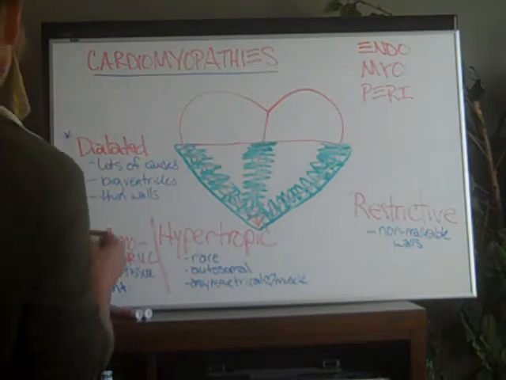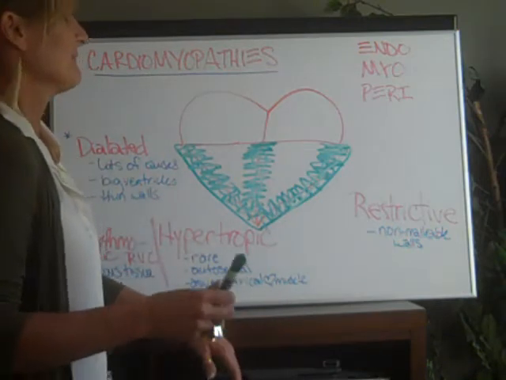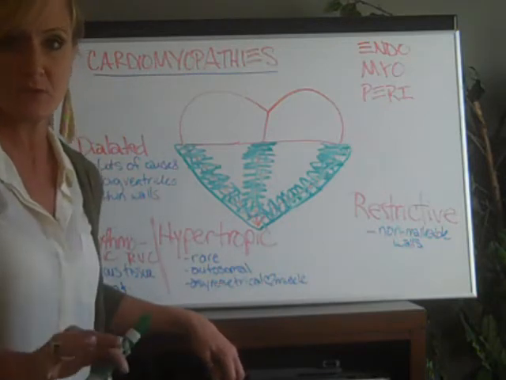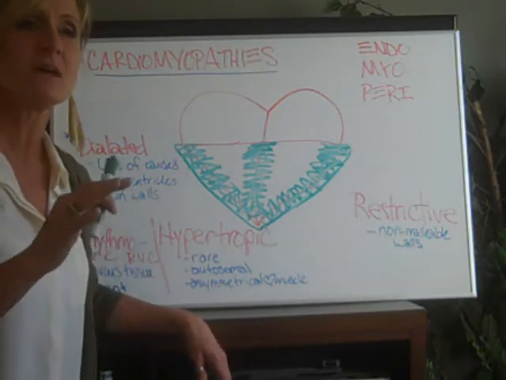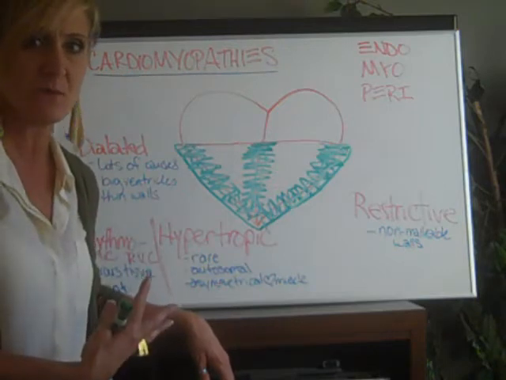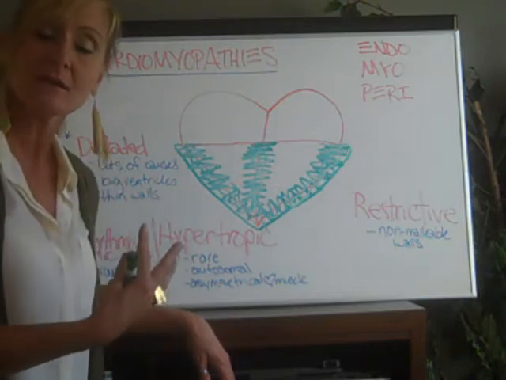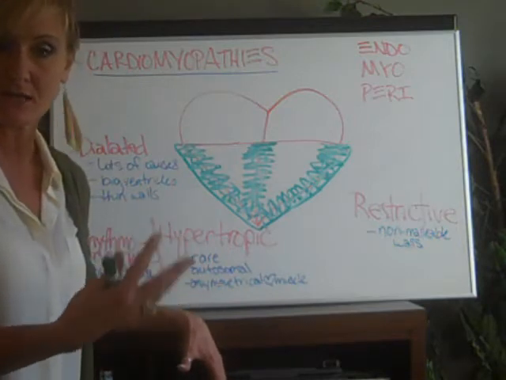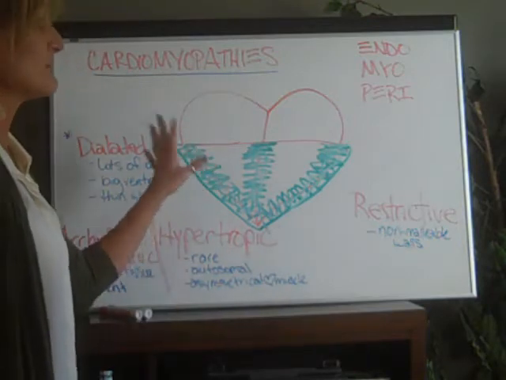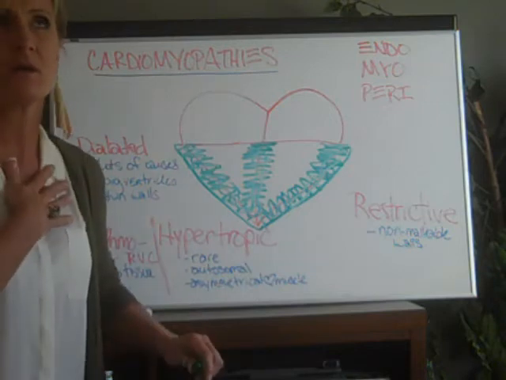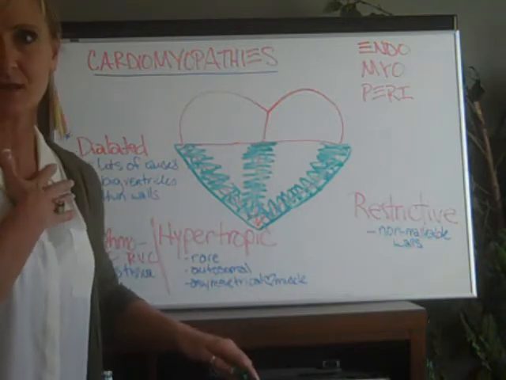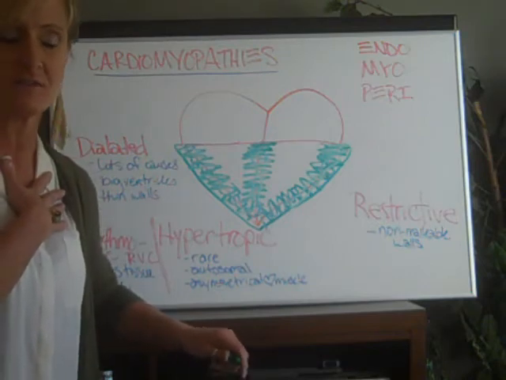The other problem with this is, especially if a patient knows that they have it, it is very anxiety producing, because the people that have cardiomyopathies know there's something wrong with their heart. They know that they can have a sudden cardiac death event. So some of the patients also wear an AICD device, an automatic implantable cardioverter defibrillator.